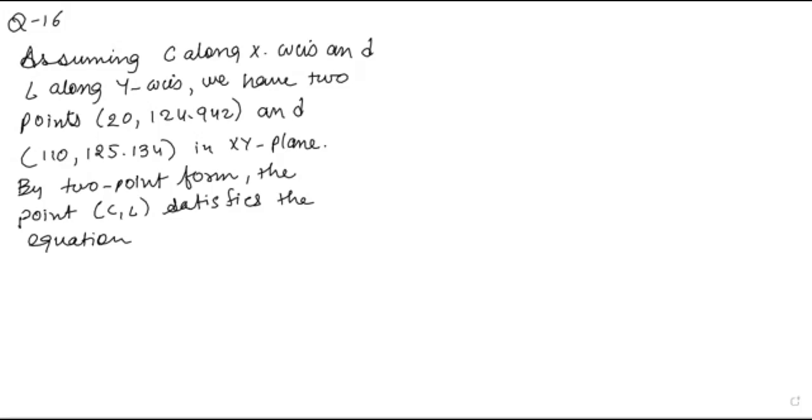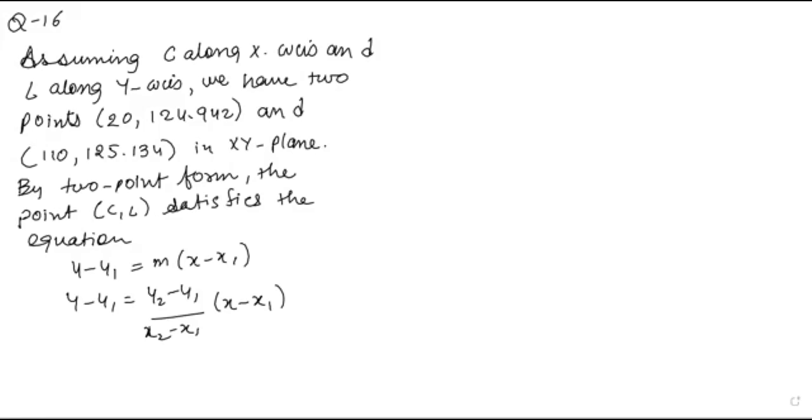You know that the 2-point form can be applied. So here the 2-point form is y minus y1 is equal to the slope m into x minus x1, and m can be found using y2 minus y1 upon x2 minus x1.